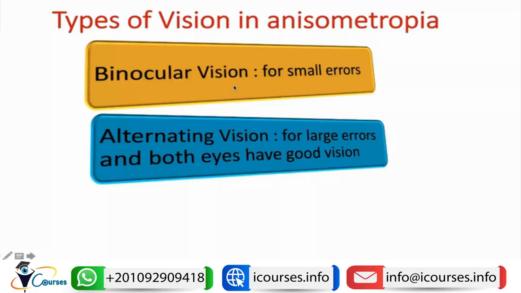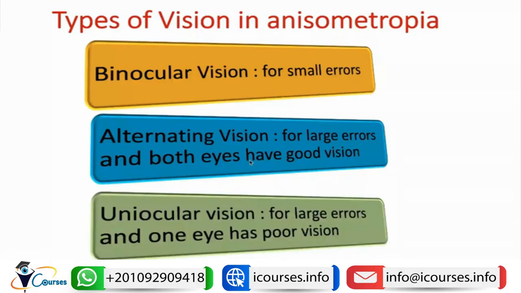But if there is a large error in one eye and normal or near normal vision in the other eye, this will lead to neglecting this eye, which is what we know as amblyopia. So this results in uniocular vision, and the eye which has more ametropia and more refractive error will have poor vision.